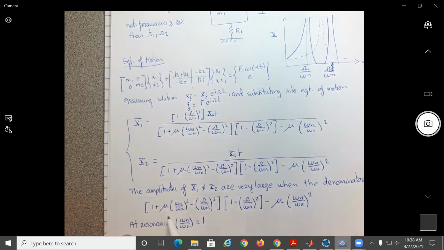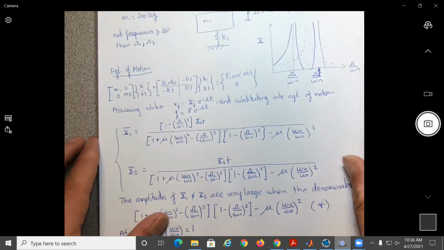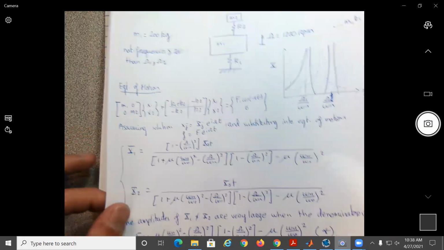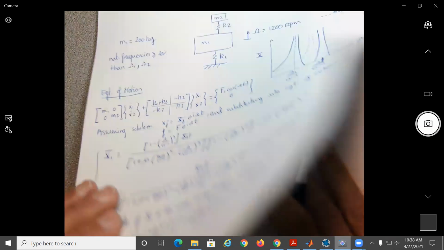Okay, so let's substitute into this equation and see what happens. Let's call it equation star. Yeah, I don't know why I started to write on this page, but it's fine.